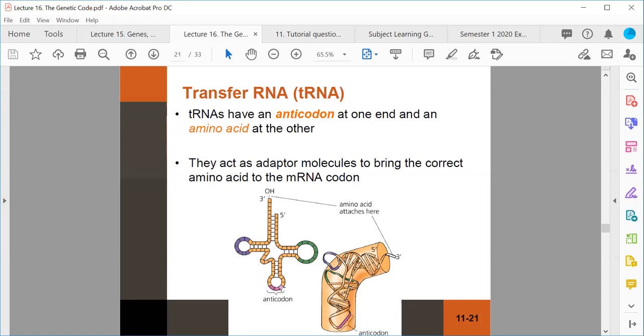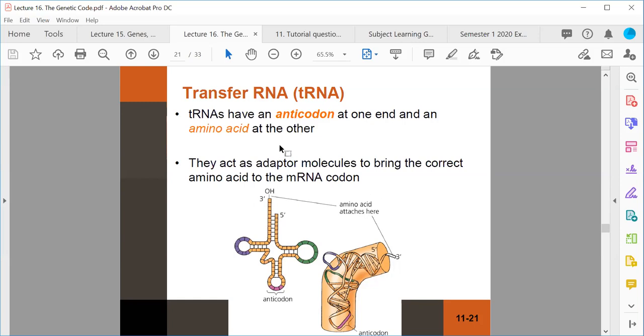At this end here, there's a stretch of 3 nucleotides, which are referred to as an anticodon. And that anticodon will actually determine a specific amino acid that attaches here to this hydroxyl group. So that means each transfer RNA molecule is specific for one particular type of amino acid, and that type of amino acid is determined by this anticodon here.